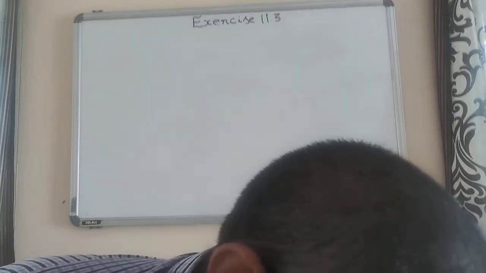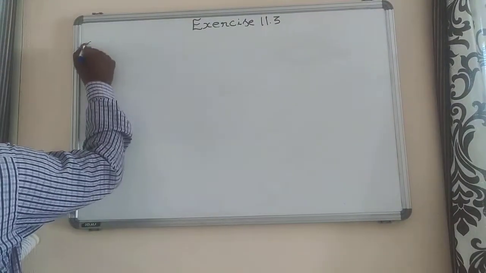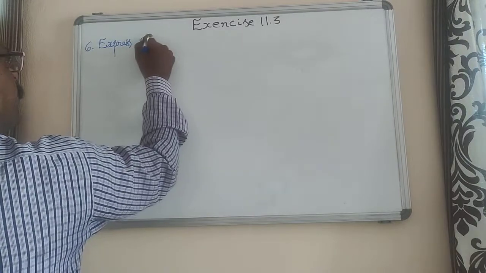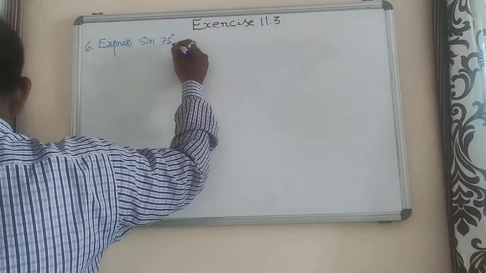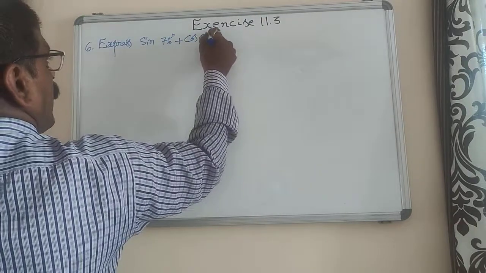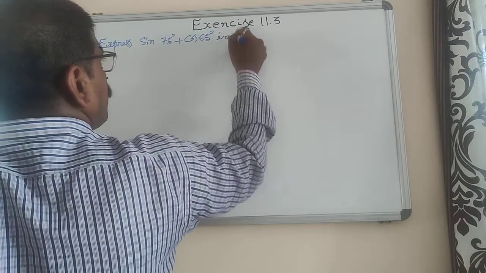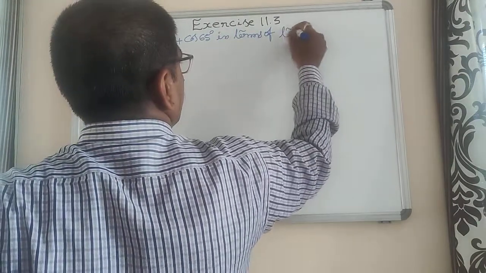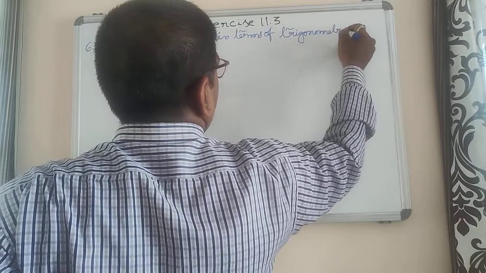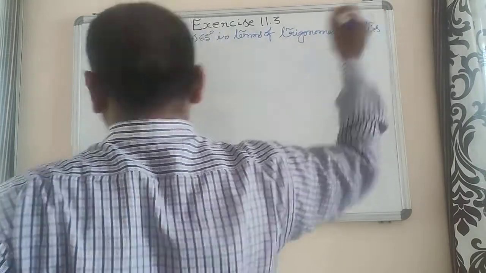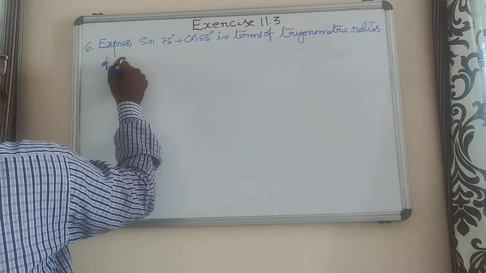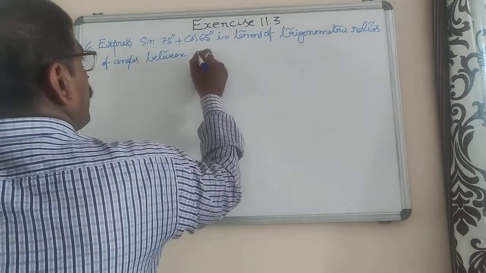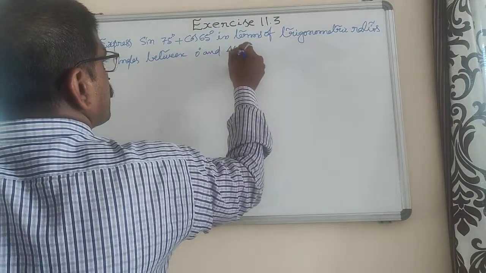Now the sixth question is: express sine 75 degrees plus cos 65 degrees in terms of trigonometric ratios of angles between 0 degrees and 45 degrees.